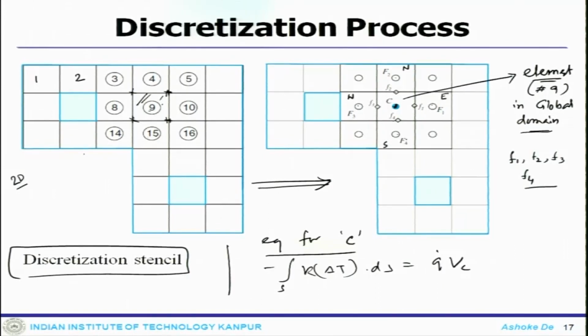The element C and element F4 are sharing the face F4. Similarly, C and F1 share face F1, C and F2 share face F2, and C and F3 share face F3. So, essentially a particular 2-dimensional element shares faces like that. So, it is sharing 4 faces.